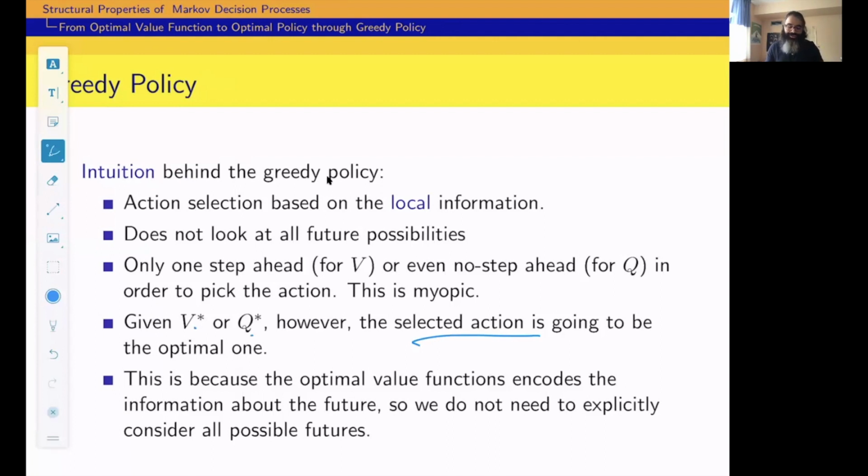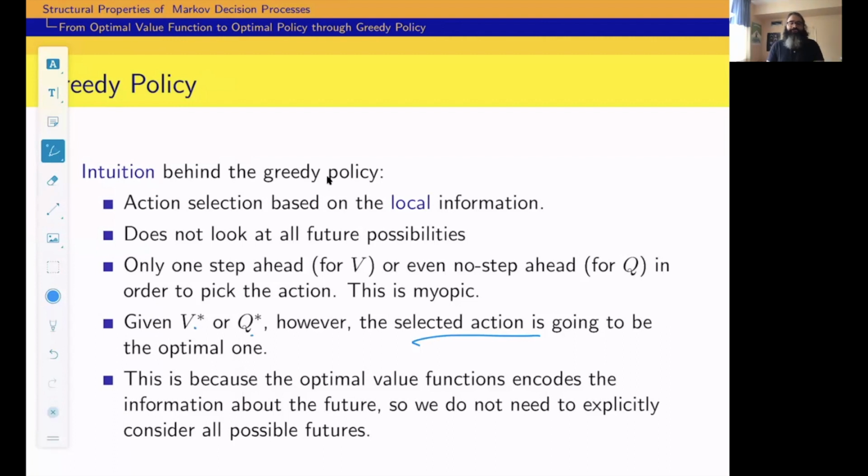So why, if we give V star or Q star, does it act optimally? I think the intuition is that the optimal value function essentially encodes what will happen to the agent in the future if it is acting optimally.